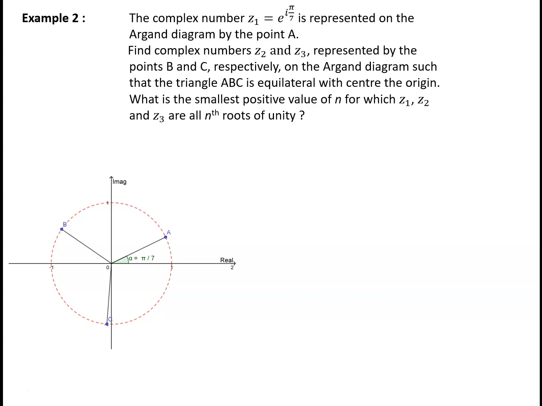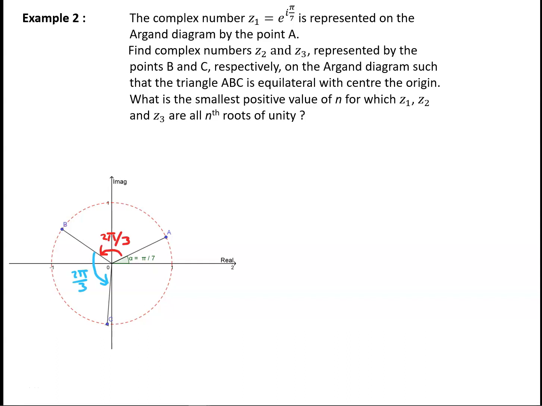Now the angle between A and B and then B and C must be a third of 360 degrees, in other words 120 degrees or 2 pi by 3. To obtain B, I simply need to rotate the point A about the origin by 2 pi by 3.